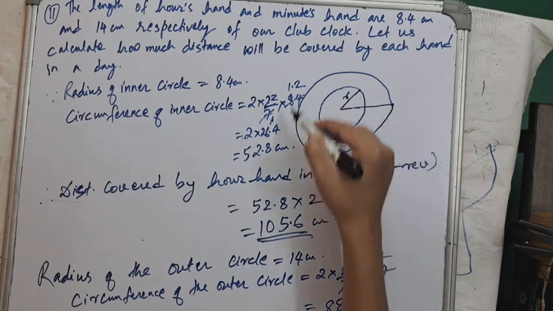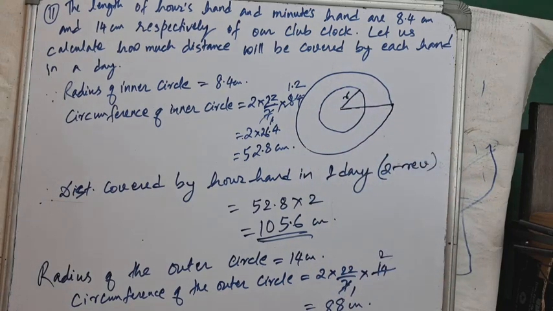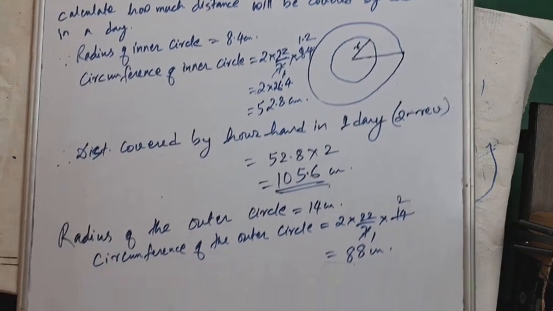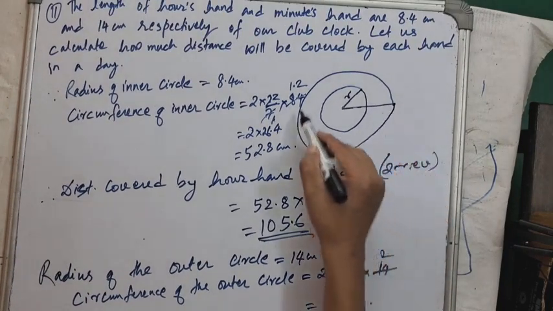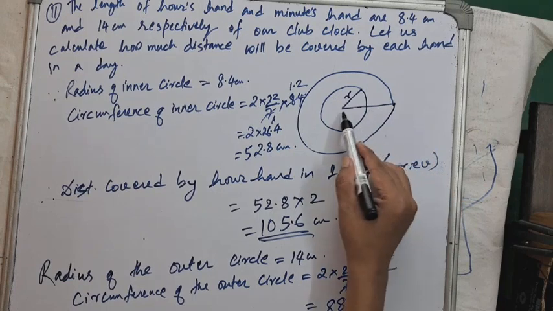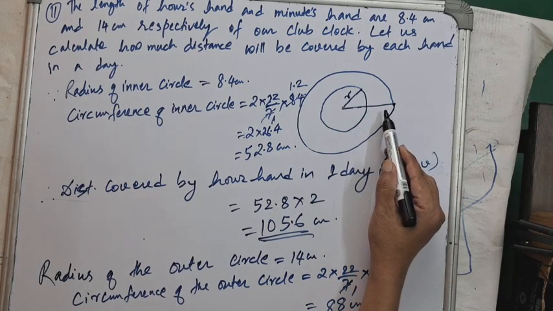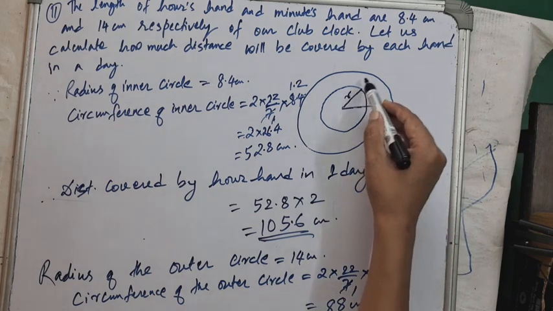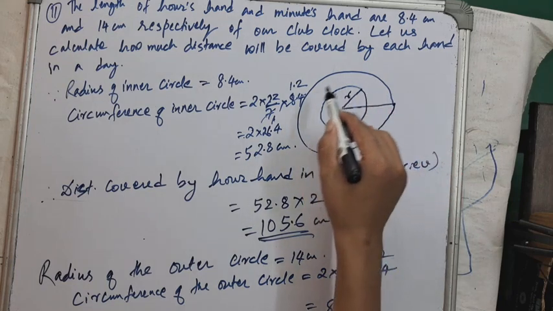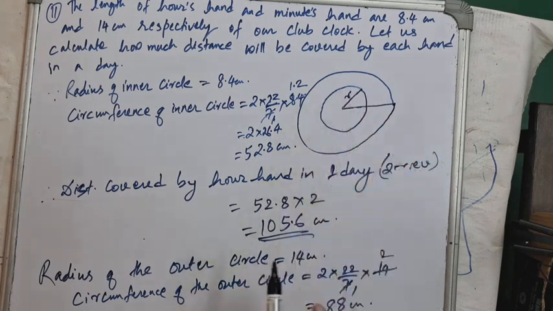In one revolution this minute hand will cover 88 centimeter, which means in one day, how many revolutions should this minute hand make? One revolution of the minute hand means 1 hour. So 24 hours means 24 revolutions. One revolution is 1 hour, 24 revolutions means 24 hours, isn't it?